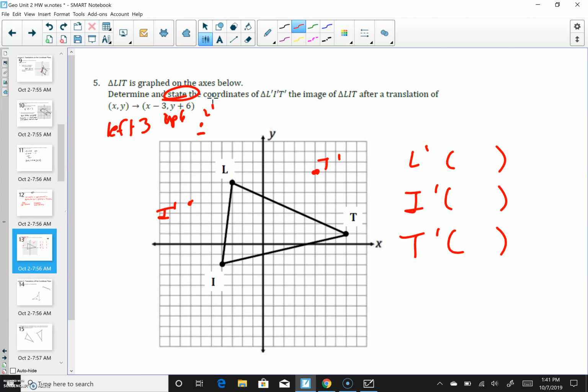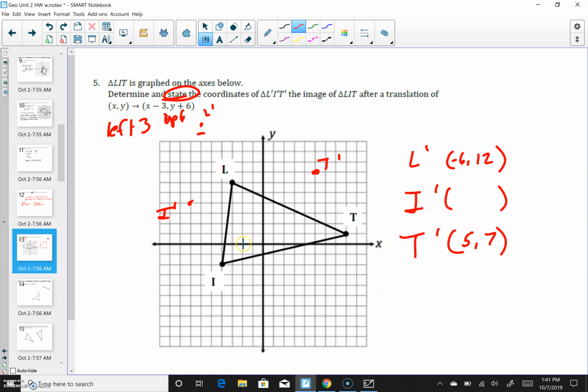So the coordinates of L prime is negative 1, and it's going to be up to 12. T prime is 5, 7. Actually, I kind of went too far. So it's going to be 5, 7.